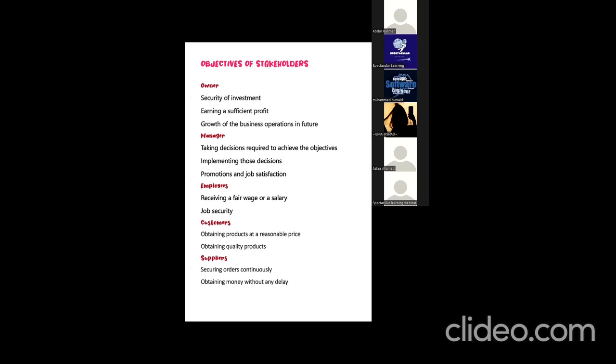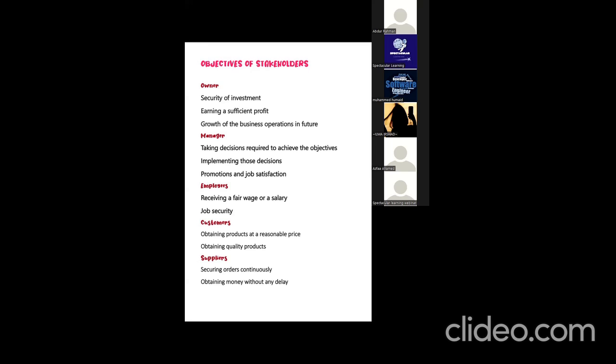So customers are the main stakeholder of a business. Obtaining products at a reasonable price and obtaining quality products are the objectives of a customer.